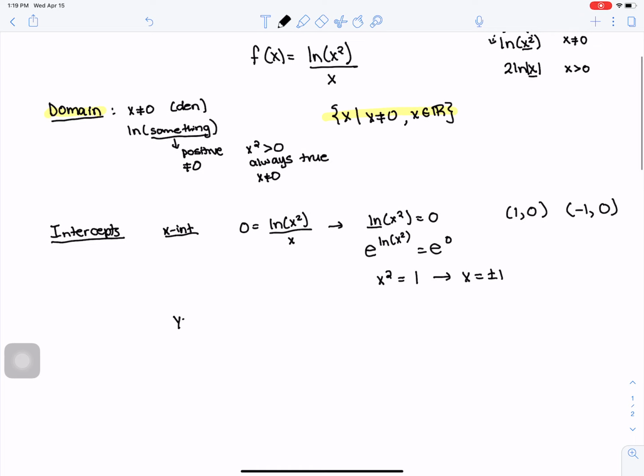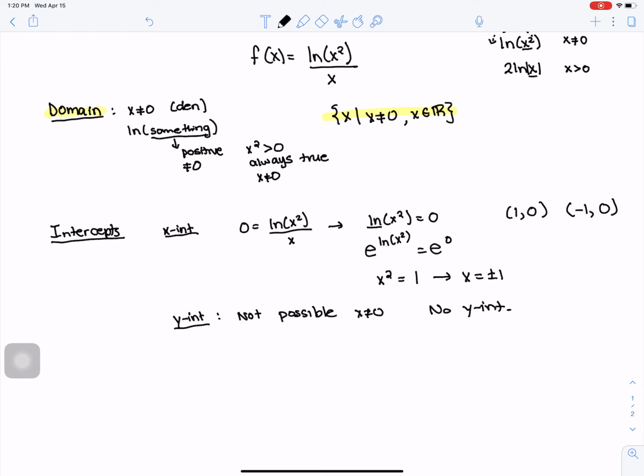For the y-intercept of the function, I'm going to set x equal to 0, but that's not possible because x is not allowed to equal 0. So there's no y-intercept. So again, be careful, there's no y-intercept. So there is something weird happening at x equals 0.